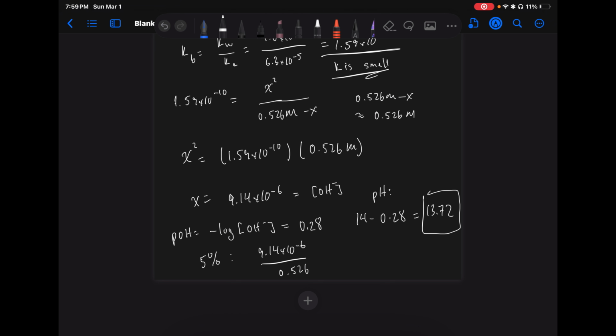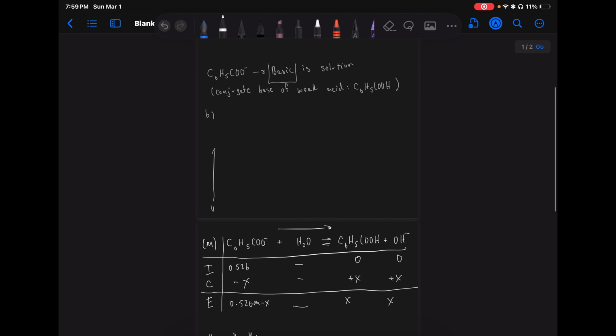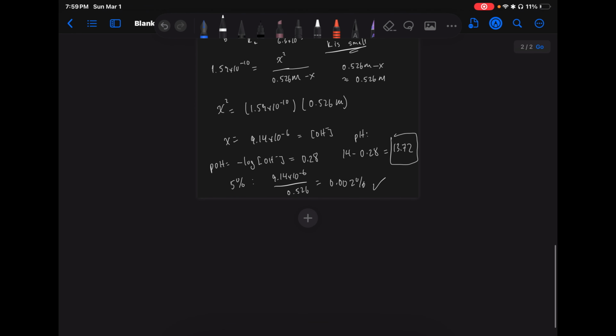What I'm getting is 0.002%. So the approximation still stands, and we don't have to worry about the 5% rule. We got the hydroxide concentration, found the pOH, subtracted that from 14, and then we got the pH. Pretty brief, pretty easy, but that's the question for today.